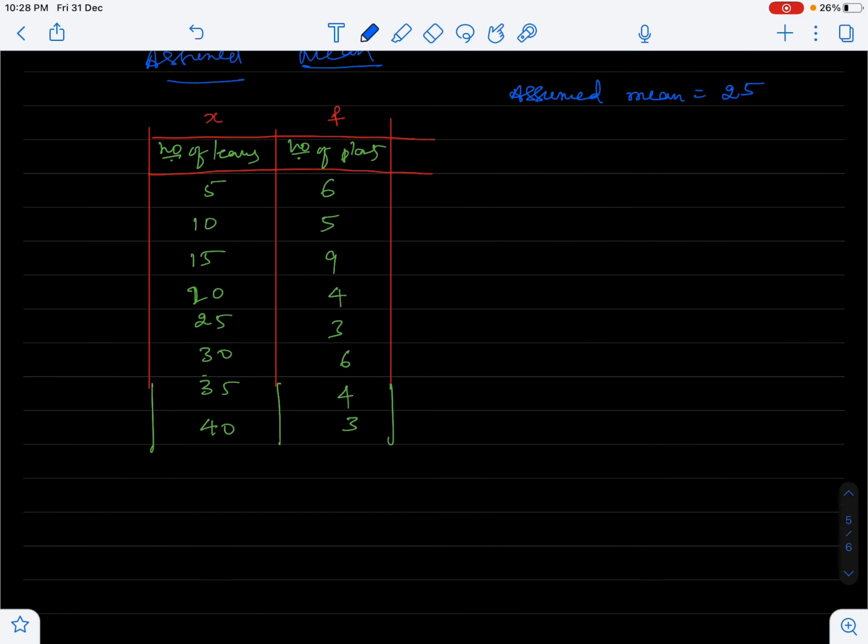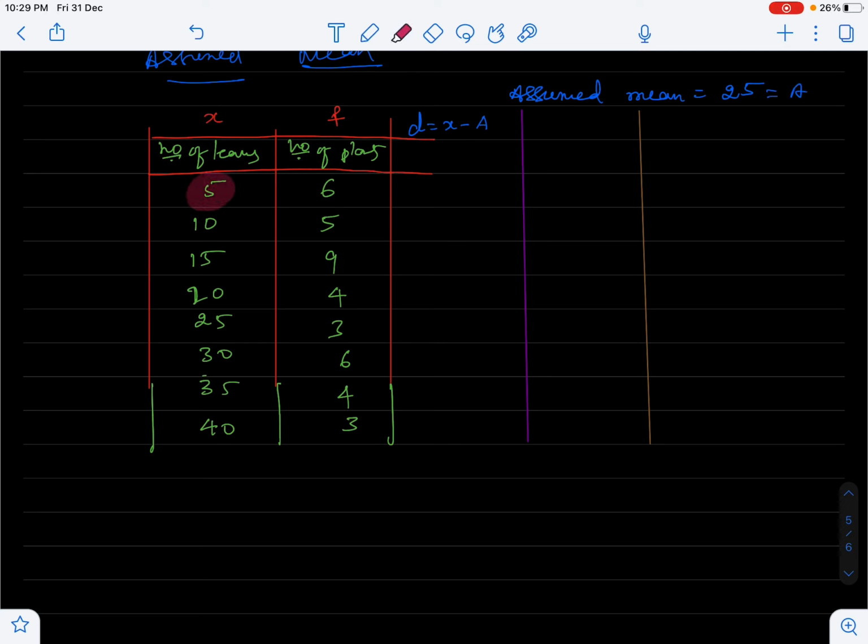Now I should find the deviations of the variable x from the assumed mean. Here d is equal to, as I earlier told, x minus a. The assumed mean is 25, 25 is a.